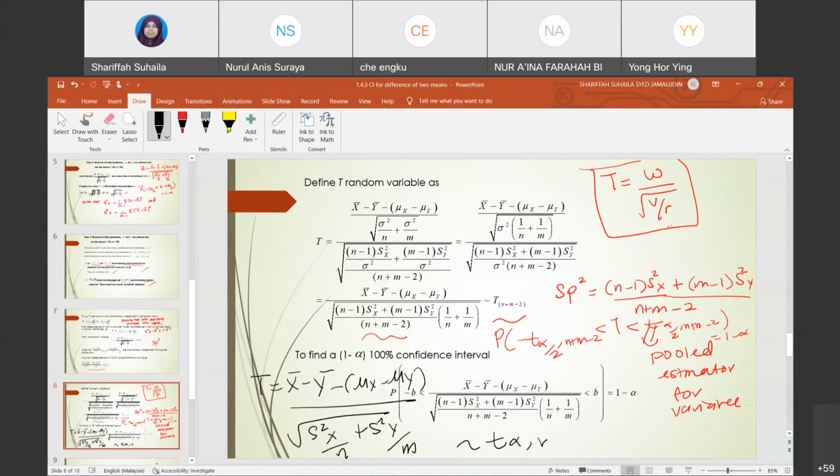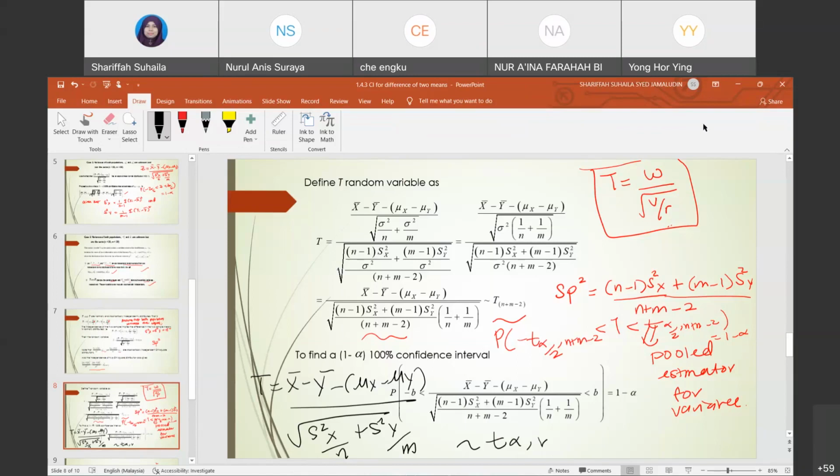Tapi yang biasanya ditanya yang ada dalam nota sajalah ya. Okay, so biasanya kita ada case variance unknown, small sample, large sample, and then you have the case when you have the equal population variance. Okay, this is for difference between two population mean.